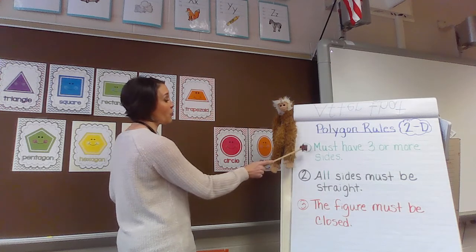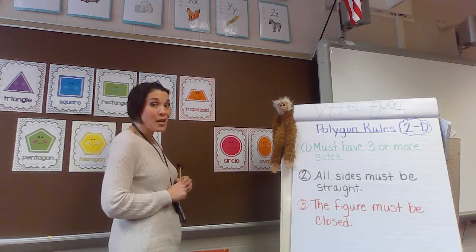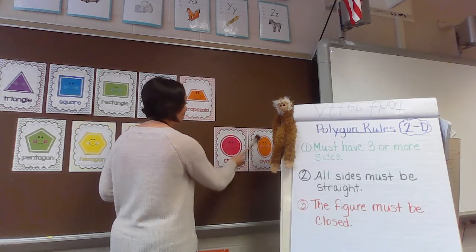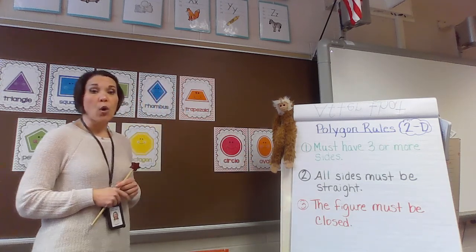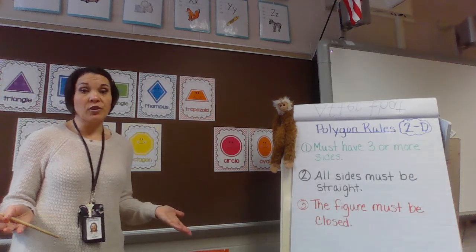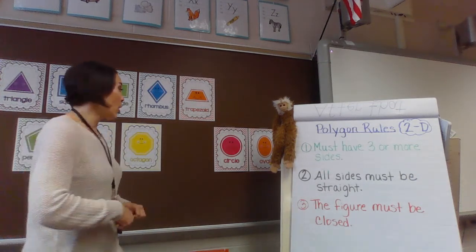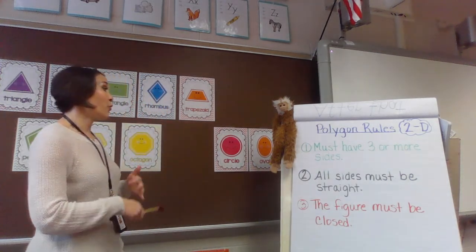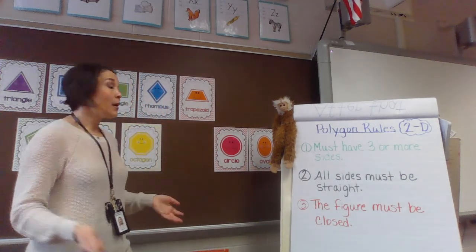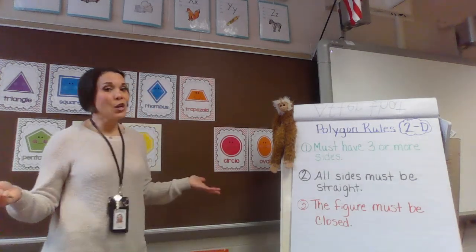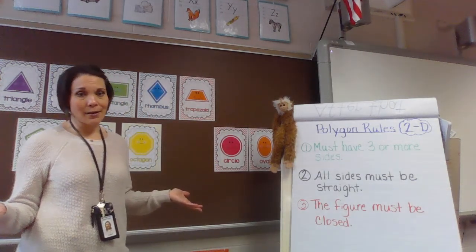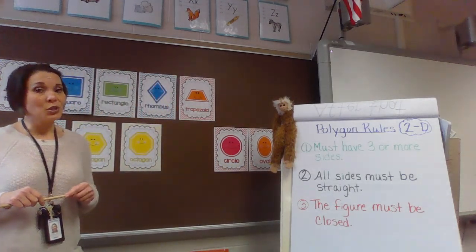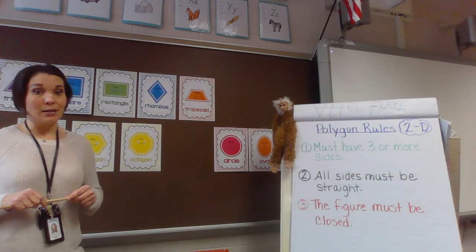It also doesn't follow rule number 1, because a polygon must have 3 or more sides, and we know you cannot count curves as sides. So circles and ovals have 0 sides. Curved, no straight sides, not a polygon. Although they might be 2D, they are not polygons.